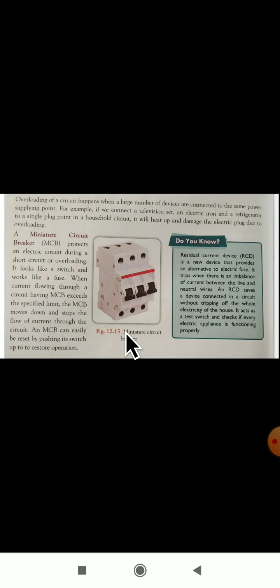If there is only one power supplying point and you attach many devices there, overloading may take place. For example, if we connect a television set, an electric iron and a refrigerator to a single plug point in a household circuit, it will heat up and damage the electric plug due to overloading.